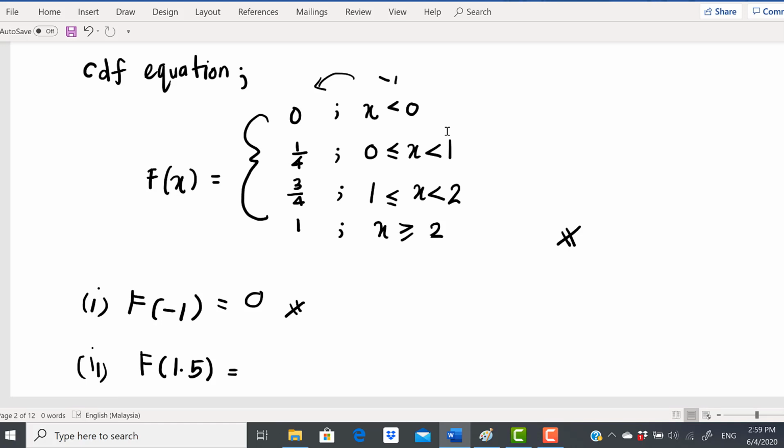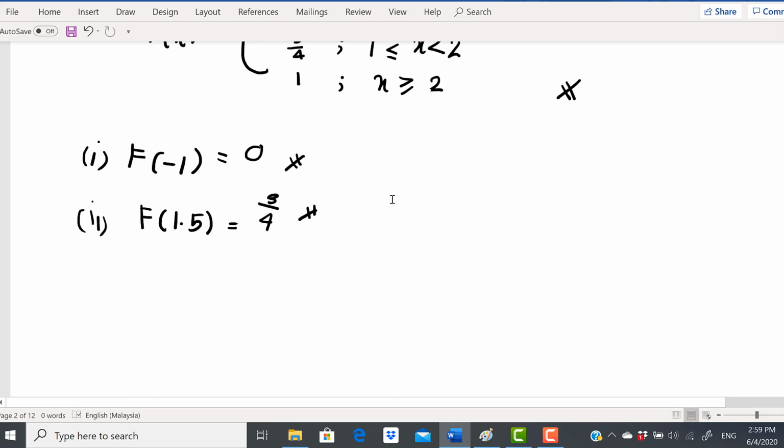No. Our x is 1.5, so it's here, 1 to 2. So when x is between 1 and 2, at 1.5, F(x) is equal to 3/4. This is how we calculate our CDF.